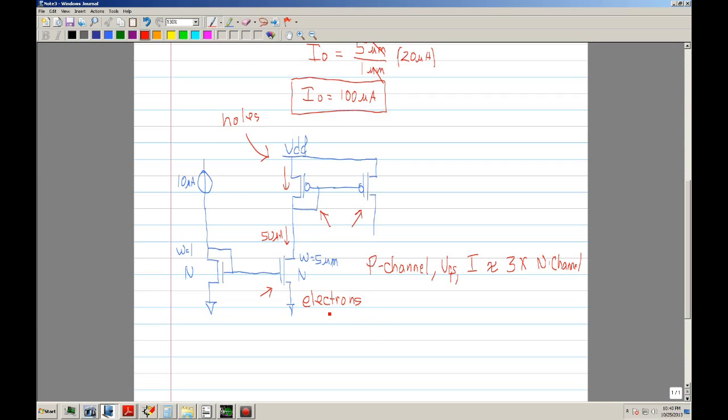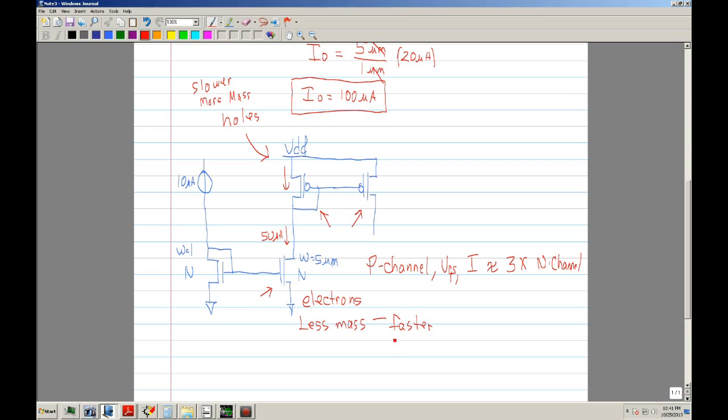Between the holes and the electrons, the electrons have less mass, and the holes have more mass. So you probably say, well, so what? Well, that means that the electrons are faster because of the less mass. You have less force, so they move a lot faster. And since these holes have more mass, they move slower.